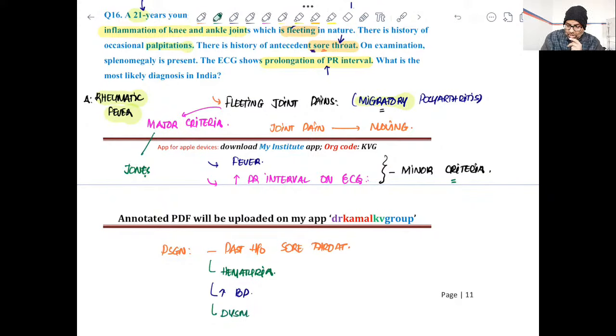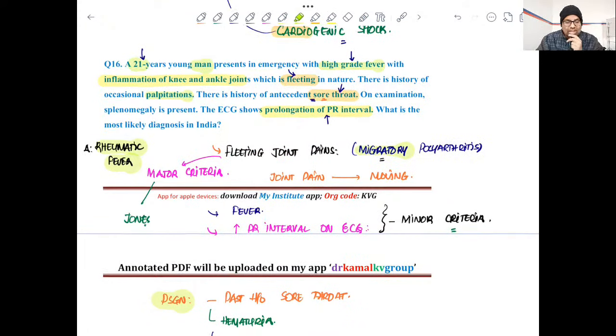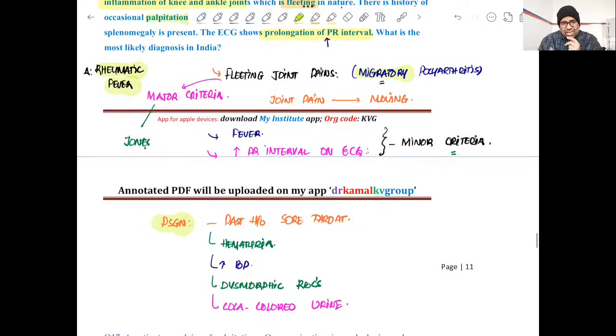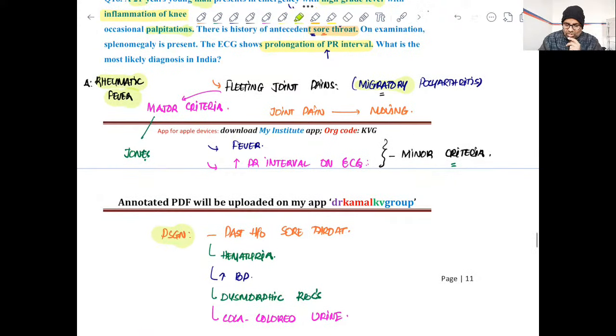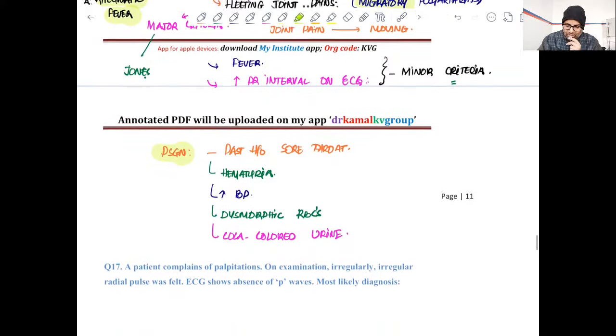And the most important keyword is cola-colored urine. So the presentation is more towards kidney. Fine? Then only your answer will be PSGN, right? So here you need to understand the stem of the question, and yes, at times we can just mix up, but I am very sure if you remember these keywords in mind, you will not make any mistake in the exam.